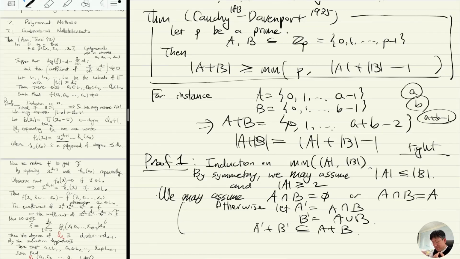the element in B prime is either from A or B. If it's from A, then you can think of the element from A prime from B, or the other way around, right?